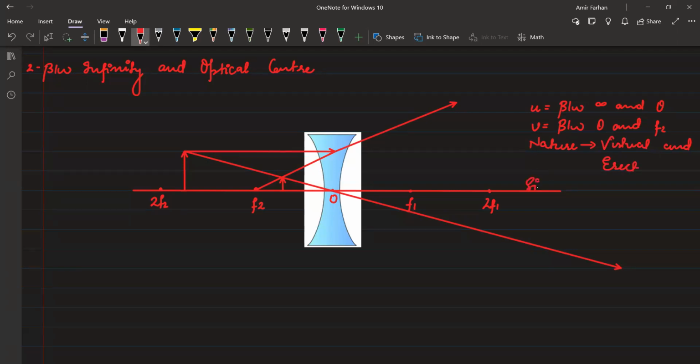Size would be diminished. Is this clear to all of you? Please let me know once. Yes, sir. Any doubt to anybody? No, sir. Okay, so these are the two cases in the concave lens.